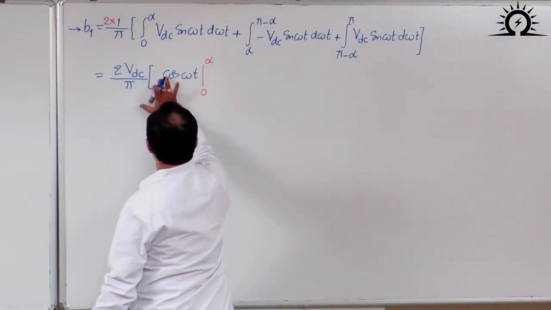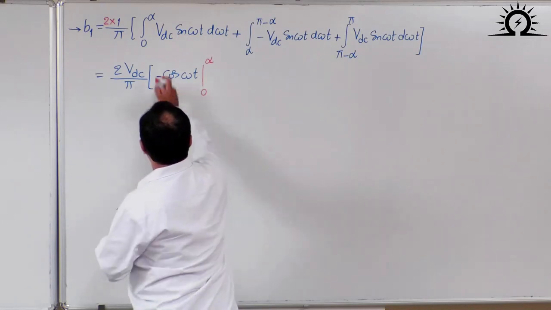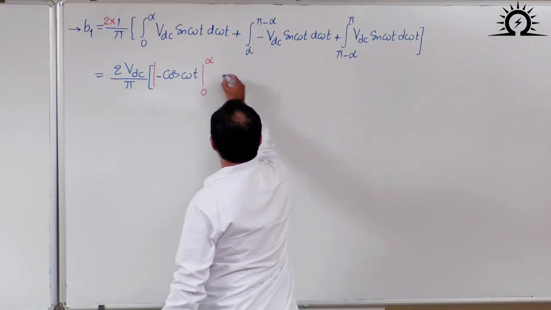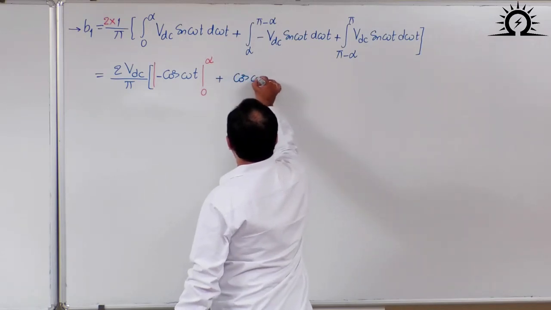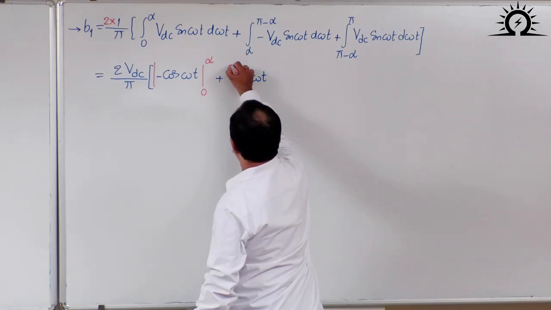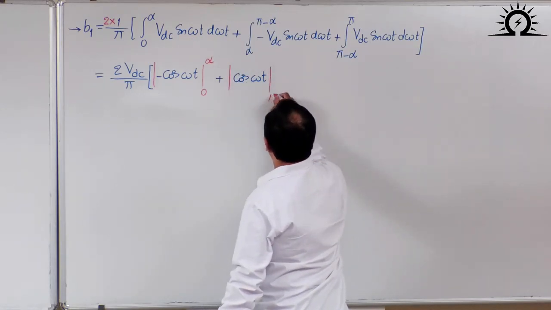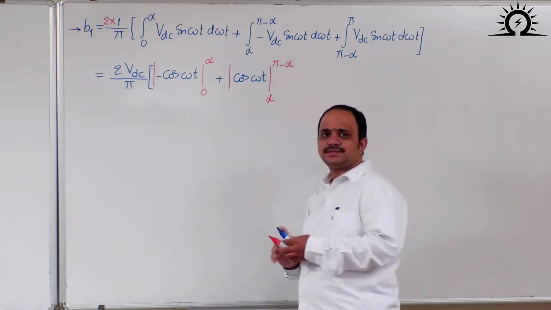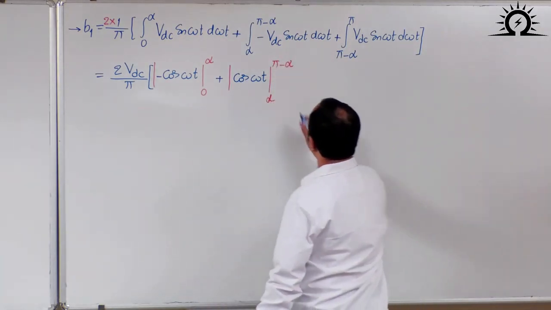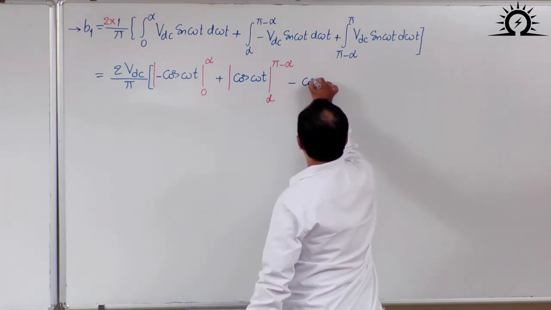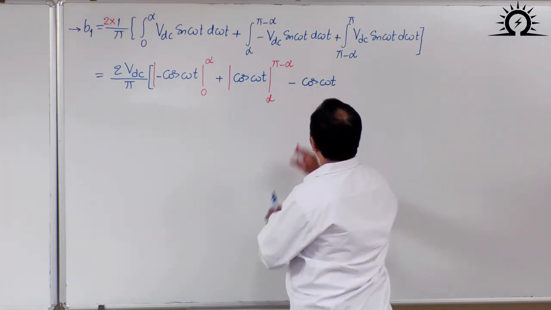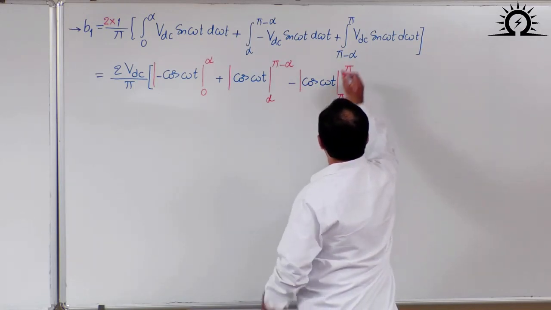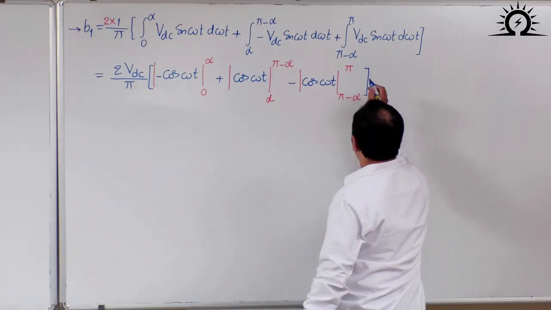Next, this is minus of minus, plus cos omega t, limits from alpha to pi minus alpha. Next, here minus cos omega t, limits from pi minus alpha to pi.